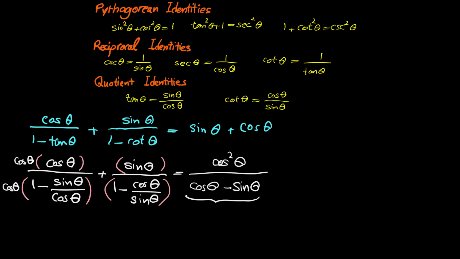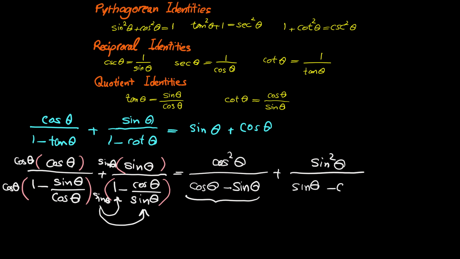For the next fraction, what do we have to multiply the numerator and denominator by? Of course, we have to multiply by sine. So we multiply the numerator by sine theta, and we multiply the denominator also by sine theta. Then the numerator would be sine squared, and the denominator is sine theta times 1, which is sine theta. Sine theta times this would be a negative cosine theta.